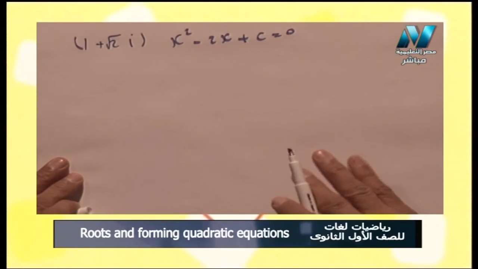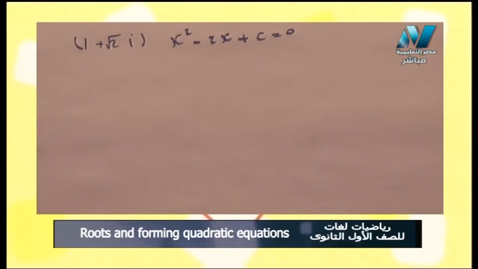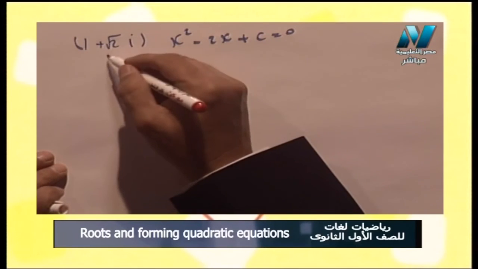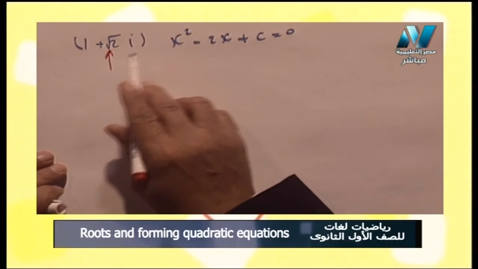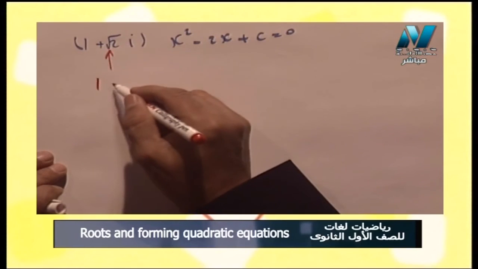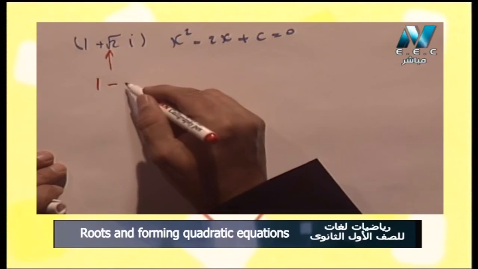So we know that if we have two complex roots for a quadratic equation, they will be conjugates. What is the meaning of conjugate? If we have the root 1 + root 2 i, then the other root will be 1 - root 2 i.